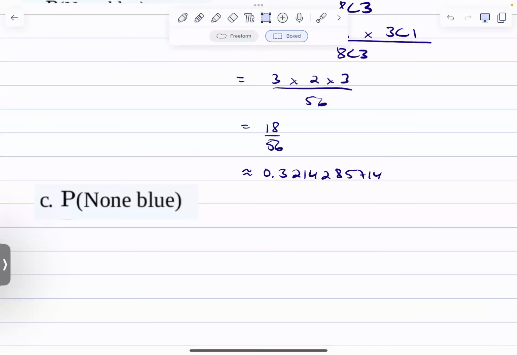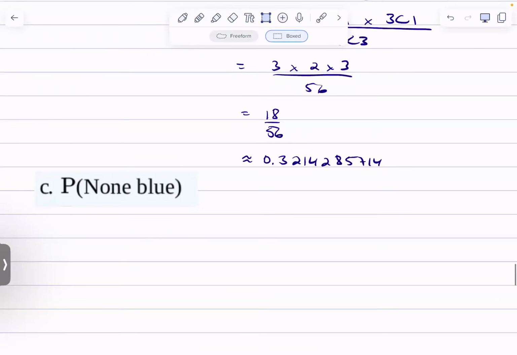The probability that none are blue. You want the probability that none are blue.